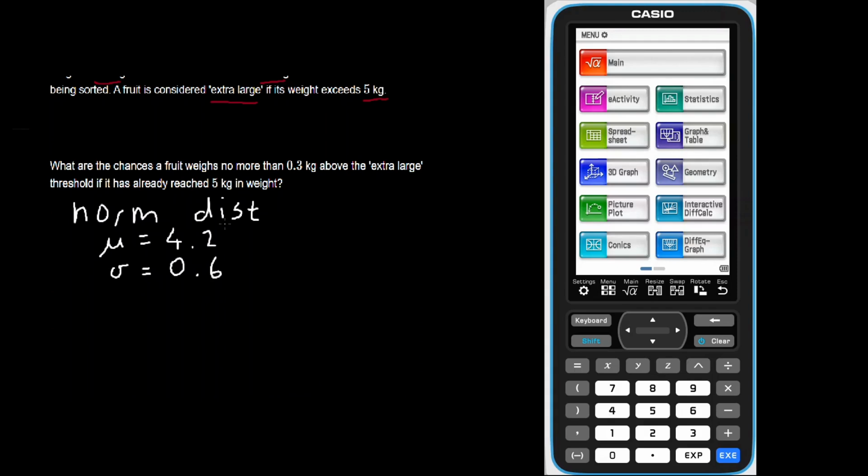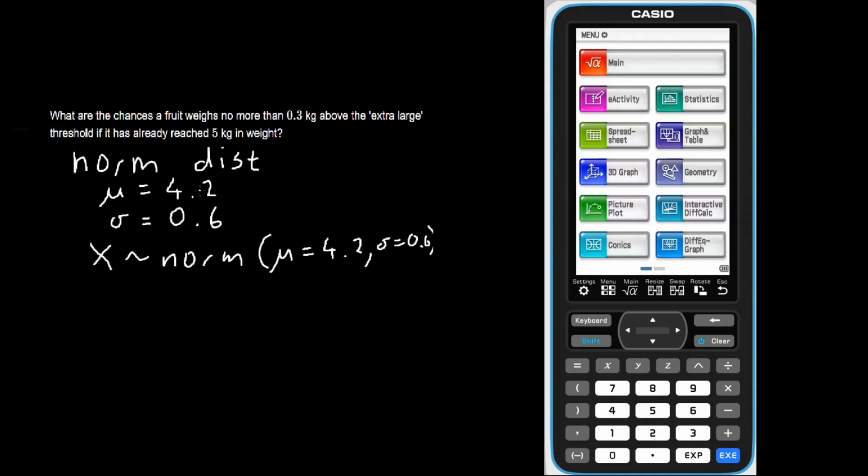So what you might have seen in the past is that X ~ N, and you can say that your mean is equal to 4.2 and your standard deviation is equal to 0.6. Now that just lets the marker know what this variable X is, okay?